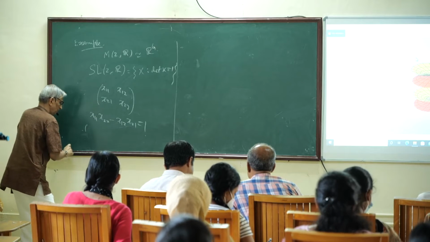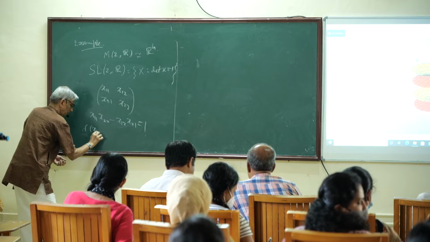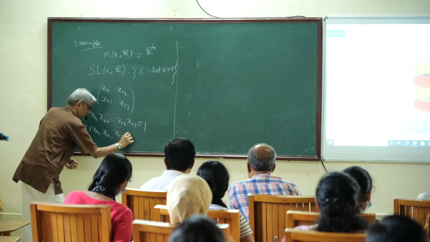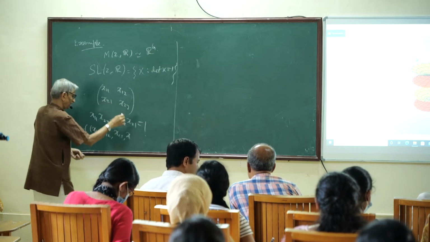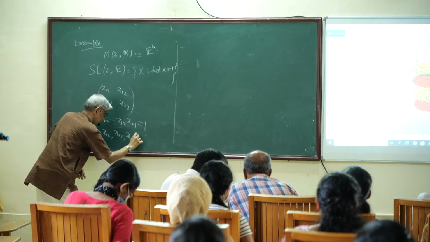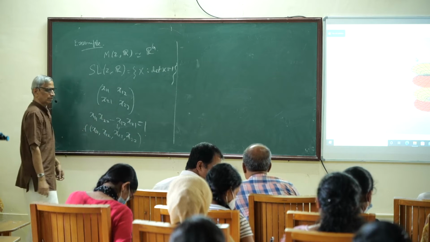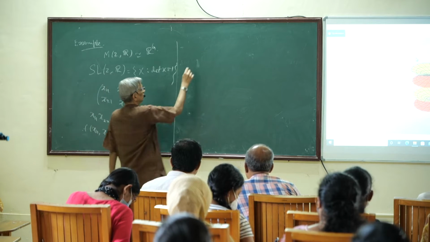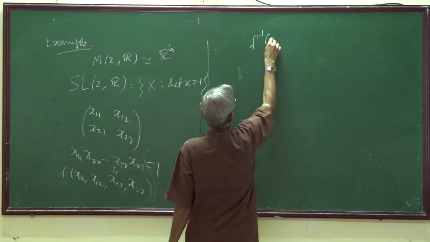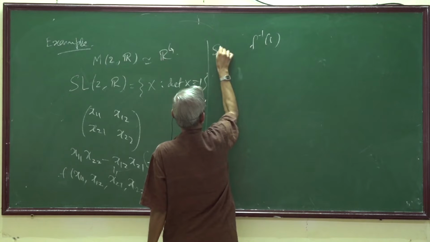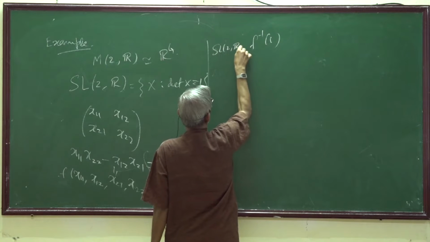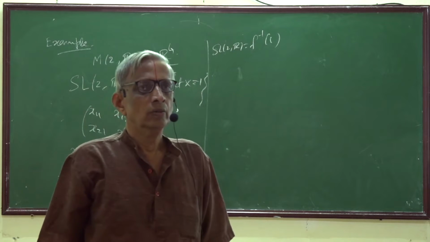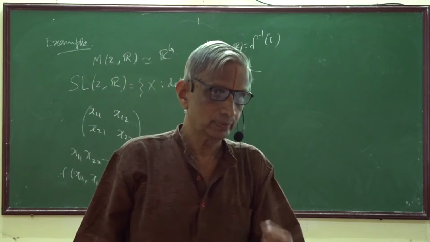F of x11, x12, x21. So instead of writing x1, x2, x3, x4, we write like that, okay? Because you have matrices. So all points where f is 1, so this is f inverse 1. So this is a level surface, but we have to check the regularity condition again.